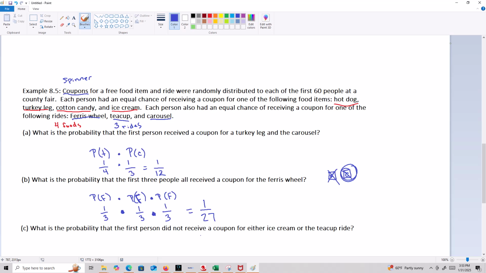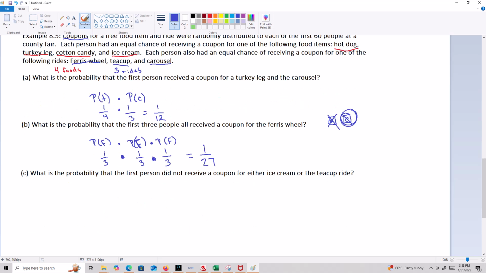All right. Finally, what is the probability that the first person did not receive a coupon? So we're going to change that to spin. Did not spin and get the ice cream or the teacup ride. So now we're talking about the probability of not getting something.